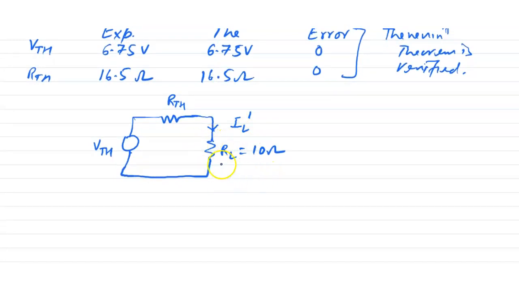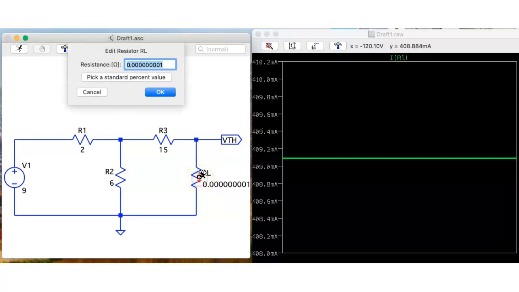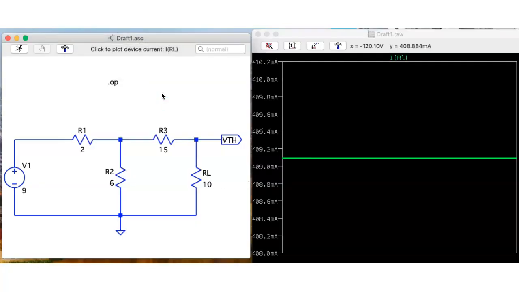Let's verify this on the LTspice. So make a Thevenin equivalent circuit. Let's first find out the value of the load current when this RL value is 10 ohm. So it is now 10. Now what is the current in this resistance?